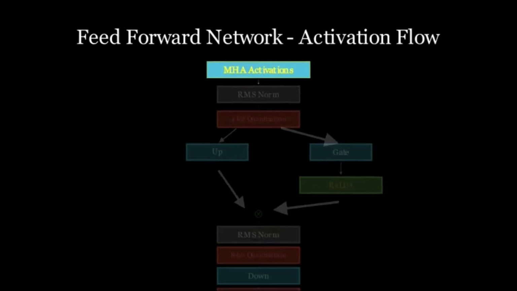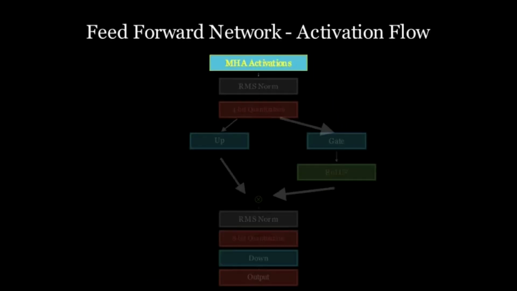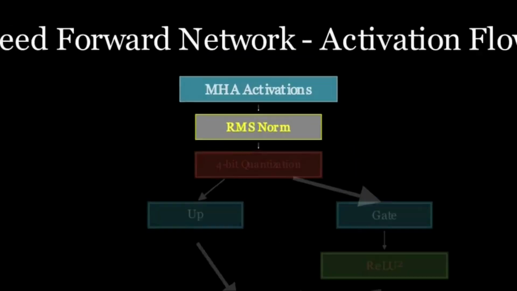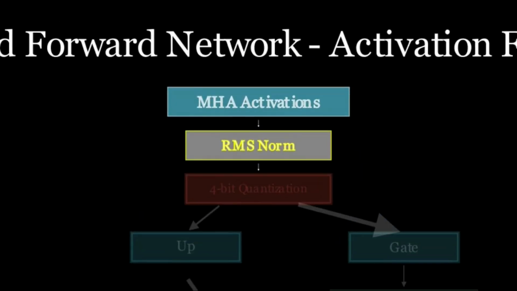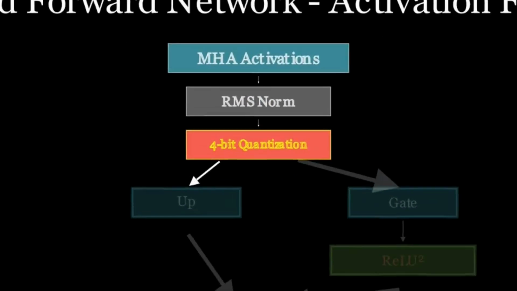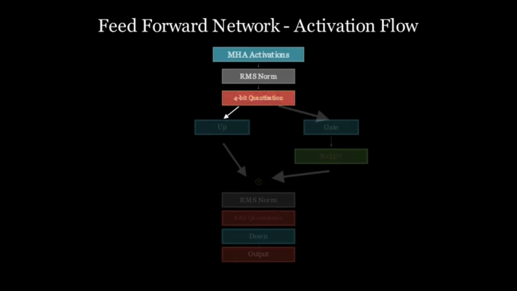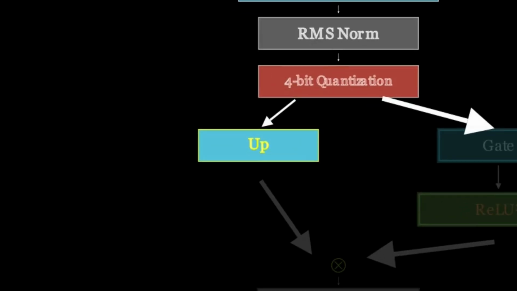Now let's go over the FFN breakdown. The input to the FFN is the activations from the multi-head attention part. The RMS norm stabilizes the activations before quantization. These are then passed through 4-bit quantization. They are passed in parallel with up projection and gate projection. The up projection expands to a hidden dimension.